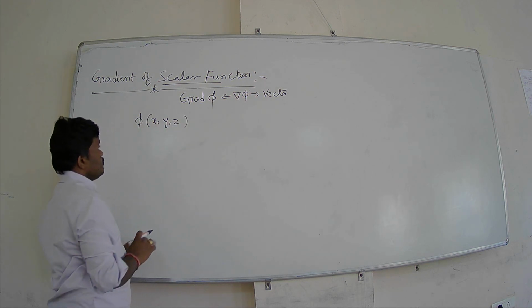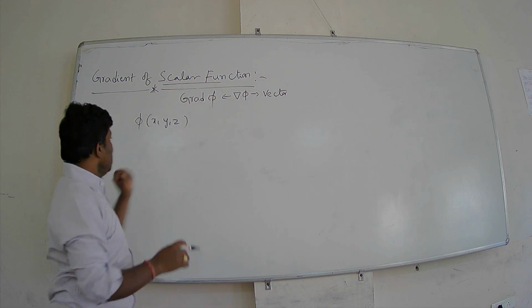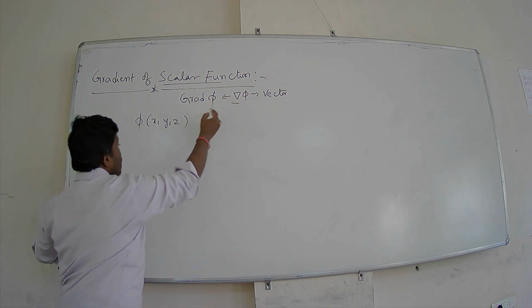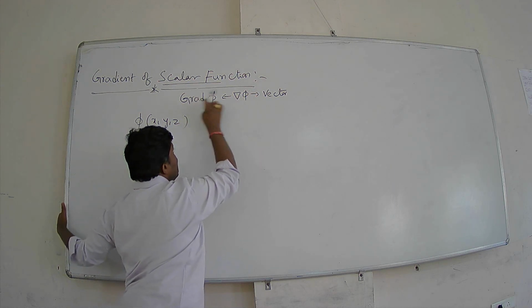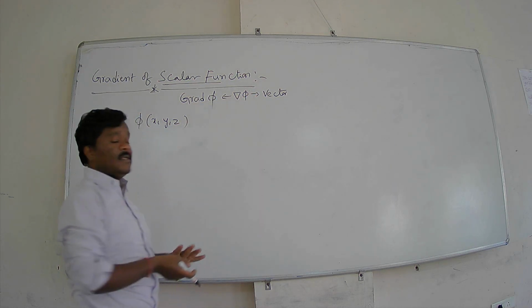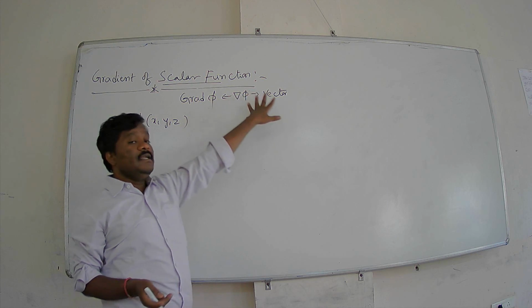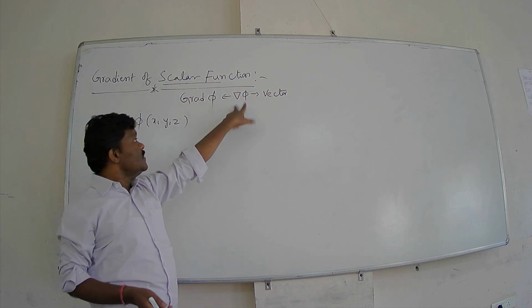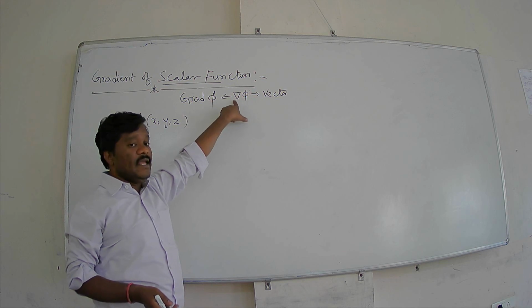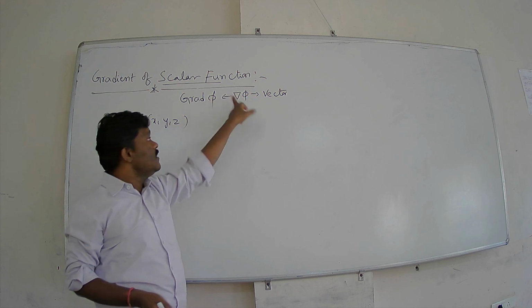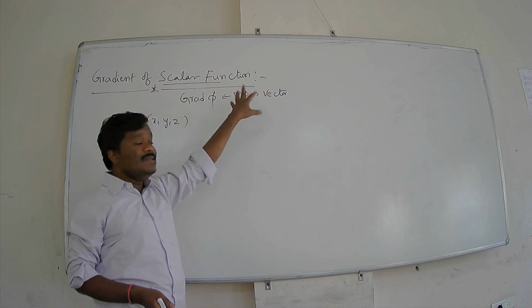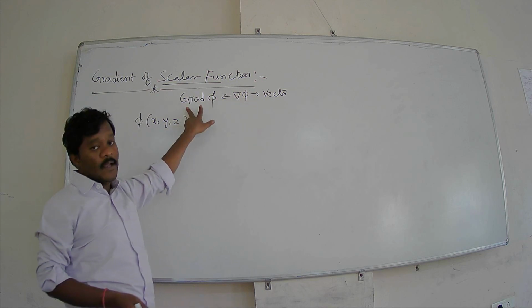So we know already what is meant by grad phi. This grad phi is the resultant vector, the gradient of the scalar function. Actually this is del, an operator which is operating on the function. So del phi is represented as grad phi.